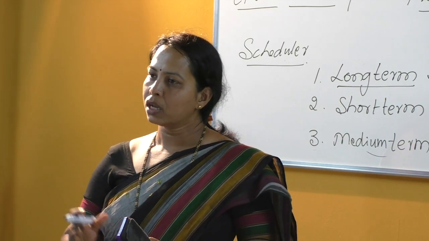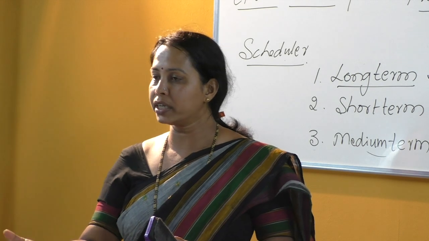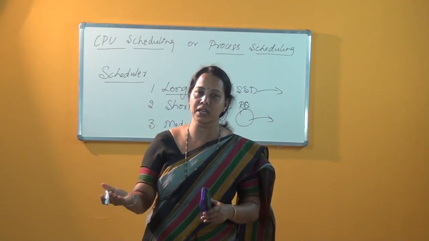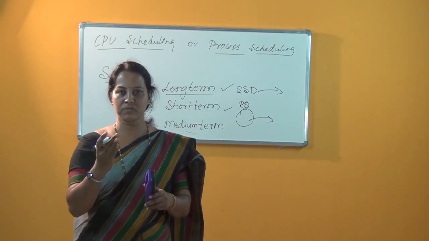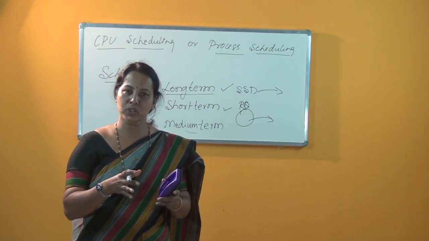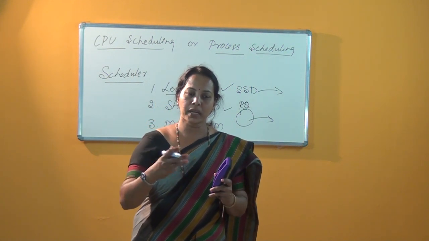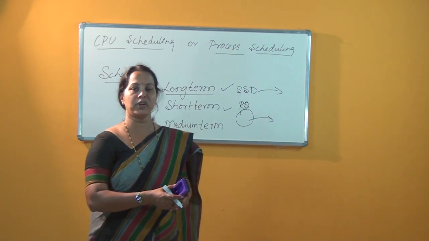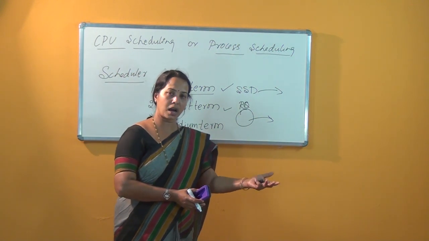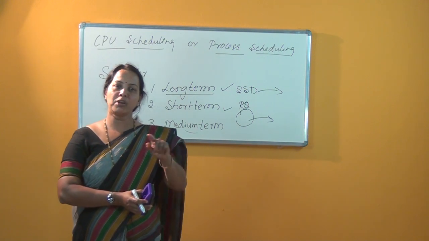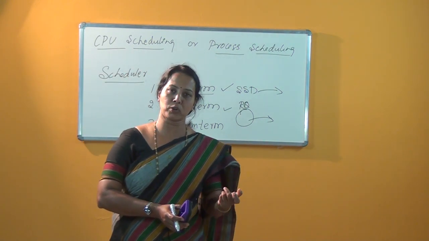Then if there is any unwanted process, meaning a process not in use, maybe an interrupted one, or maybe a process which is blocked, such processes will be removed from the internal memory and sent back to the hard disk, so that the space vacated will be occupied by the needed process.